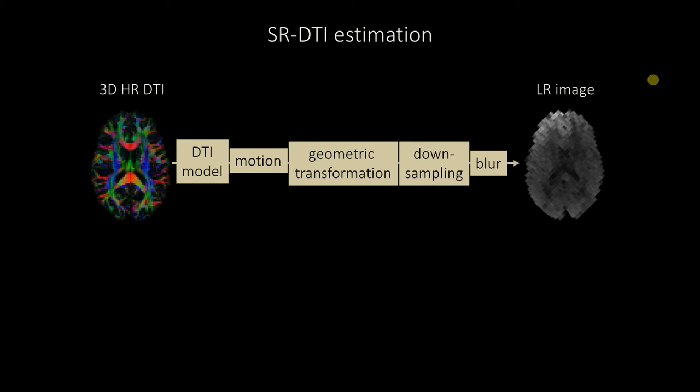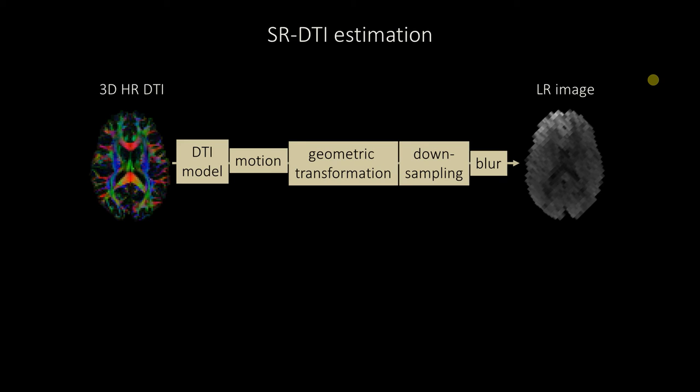Your patients will always move, so that can be modeled and estimated and put into motion parameters. Then we also have a geometric transformation, because that will explain how we acquired our slice orientation. We also have a downsampling, because we acquired a certain voxel size as well as those thick slices.